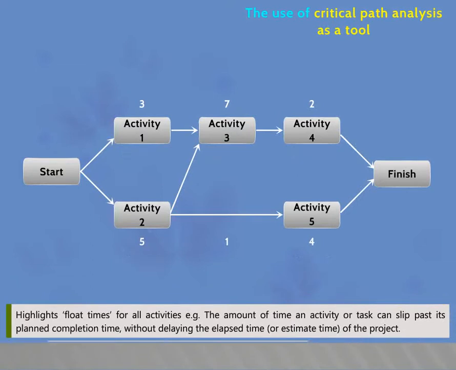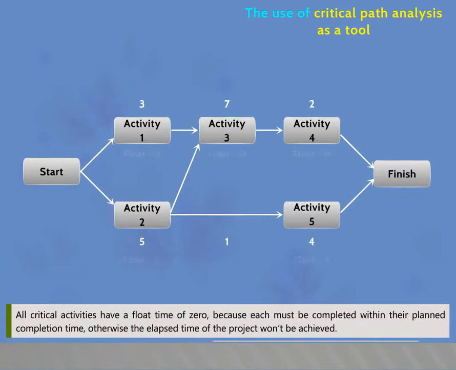It highlights float times for all activities, for example, the amount of time an activity or task can slip past its planned completion time without delaying the elapsed time or estimated time of the project. All critical activities have a float time of 0 because each must be completed within their planned completion time, otherwise the elapsed time of the project won't be achieved.